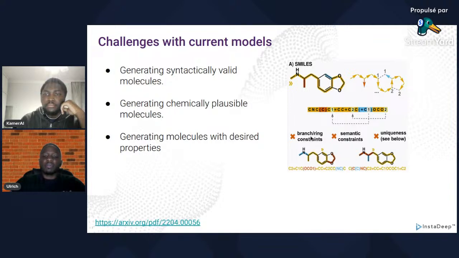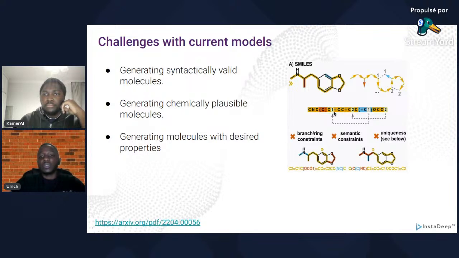And then the branches and the rings, so the numbers, they don't have any specific constraint. So this actually makes it quite difficult, from the experiments we did, for machine learning models to generate these SMILES representations in a robust way, and also there's the issue of being able to generate a syntactically valid molecule.